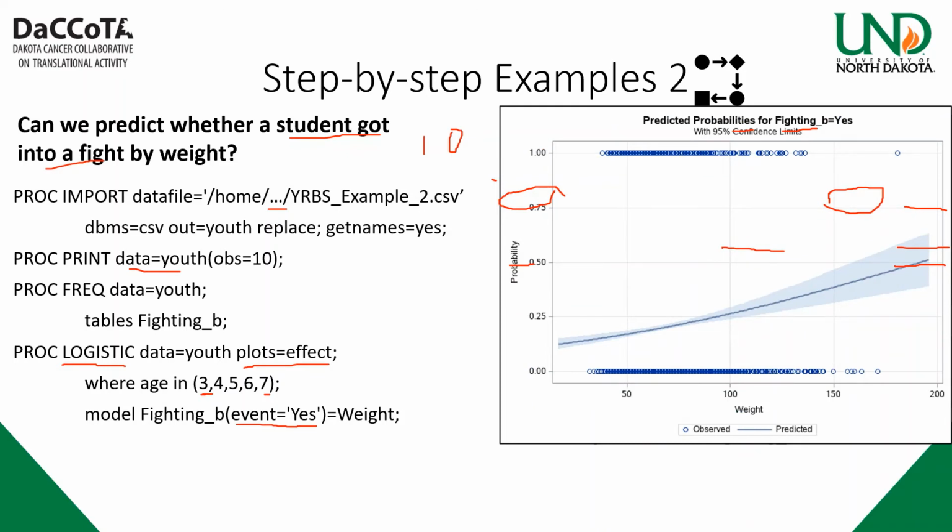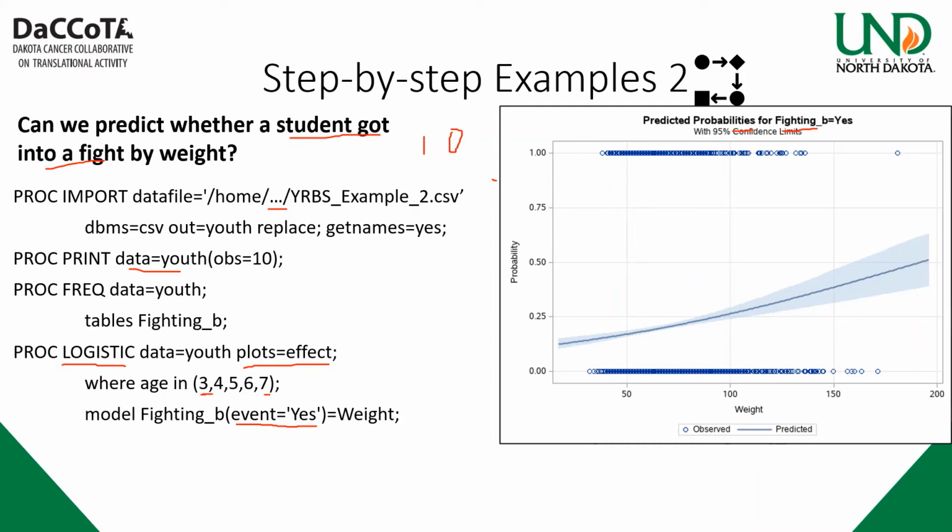We can see that since the Y variable was binary, we get either 1 values or 0 values. So really what we're plotting is the probability of 0 or 1, so yes or no. And what we see as weight goes up, the probability of getting into a fight goes up. That's not particularly strong.